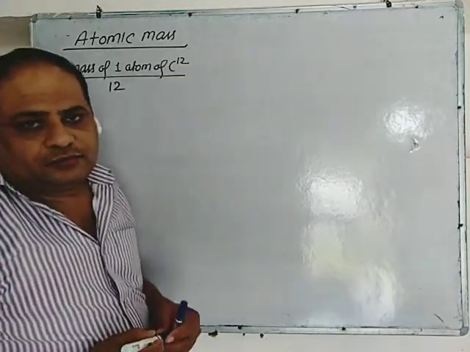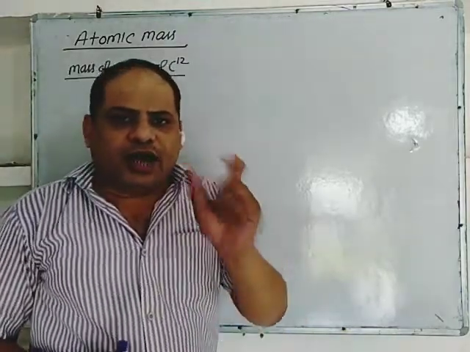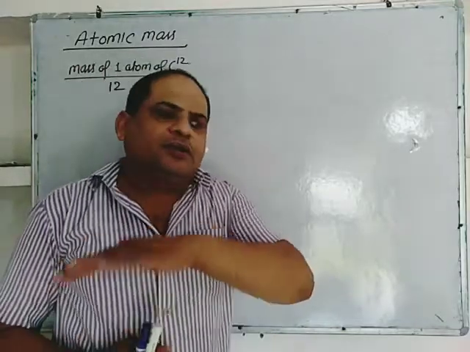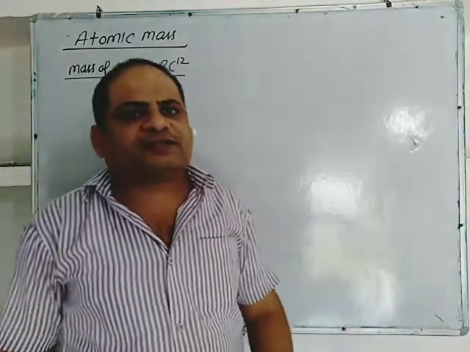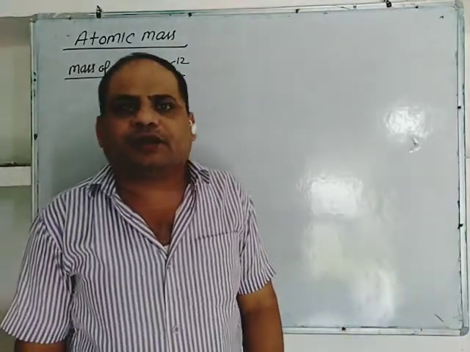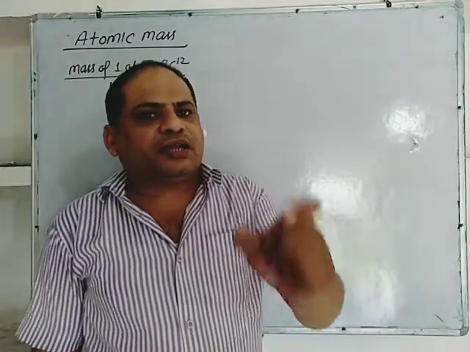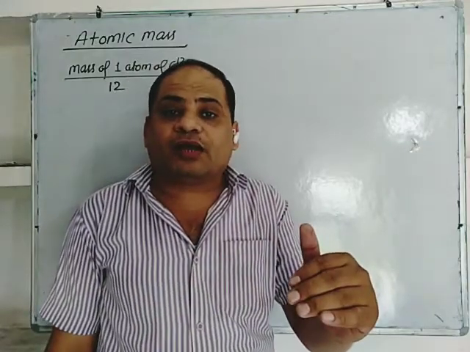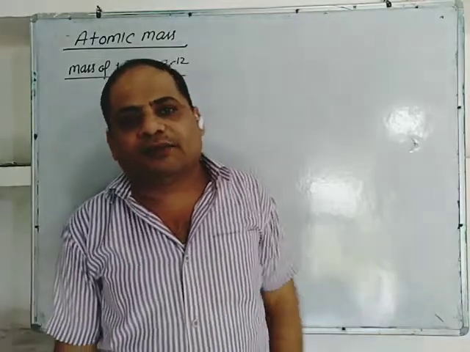1/12 part. For this calculation of AMU, the atom carbon is taken, because carbon is available in maximum part of the earth and solid also. Therefore, carbon is taken as a suitable element to determine the atomic mass of other element, to compare the atomic mass of other element.